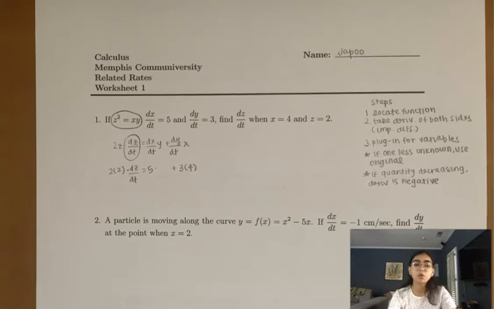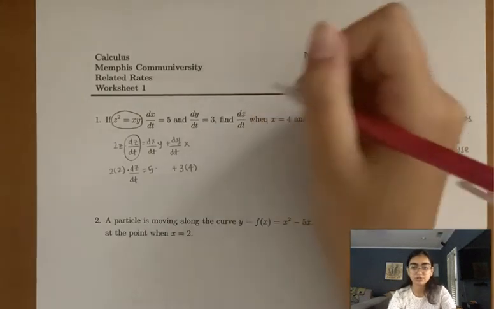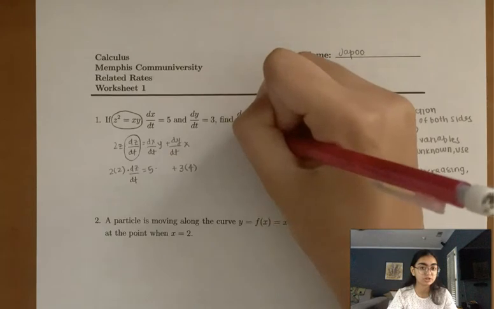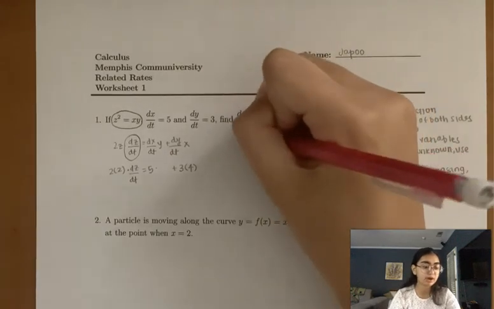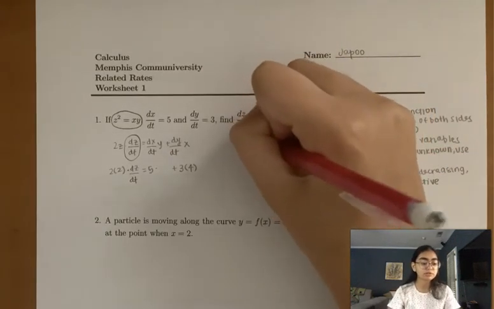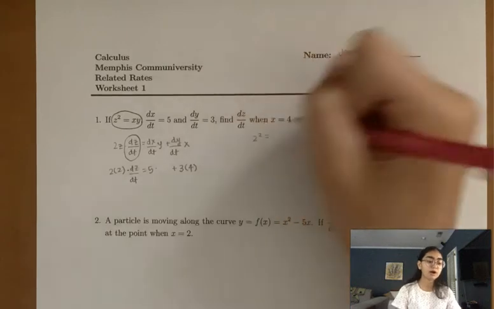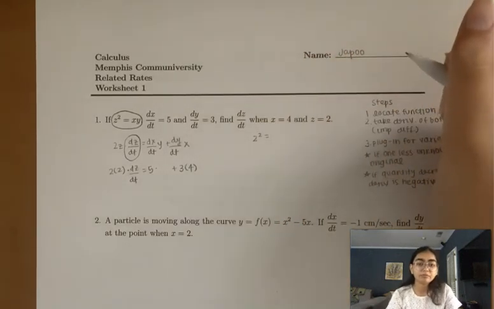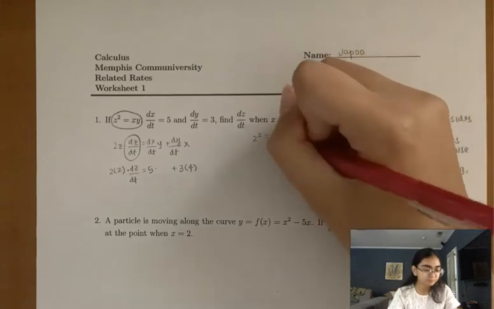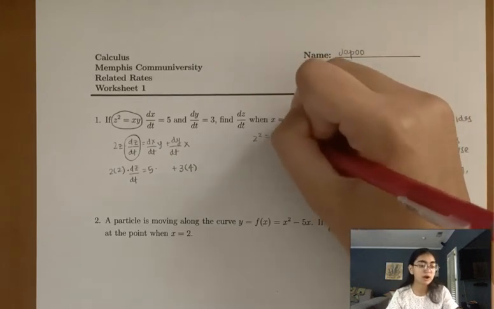To figure out the quantity of y, we're going to use our original equation, z squared equals x times y, and plug in 2 for z. 2 squared equals 4y, because x equals 4. And we're going to get y equals 1.